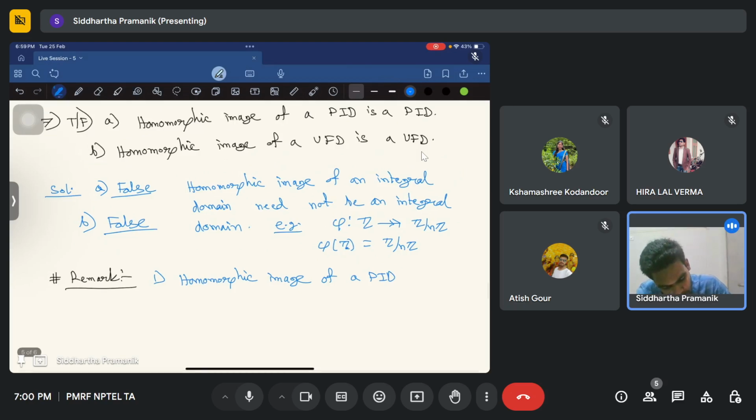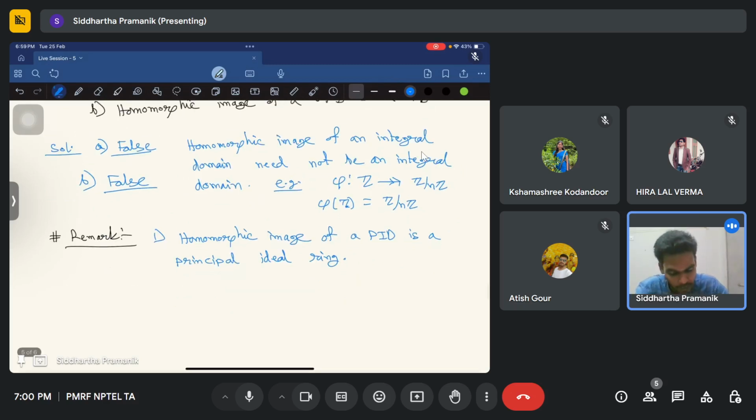So the homomorphic image of a PID is a principal ideal ring, that means every ideal is generated by a single element, but it need not be an integral domain, so it need not be a PID. The best you can say is it is a principal ideal ring.